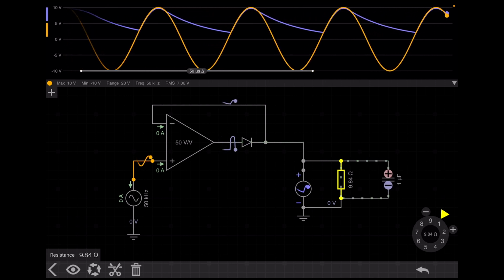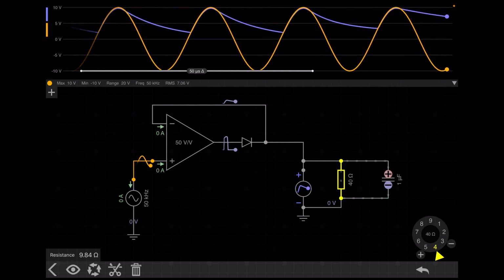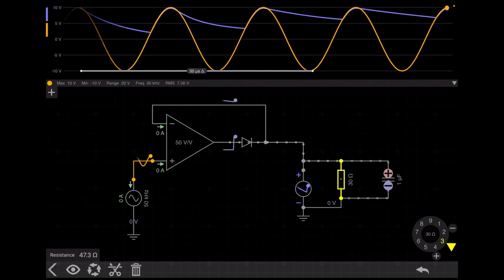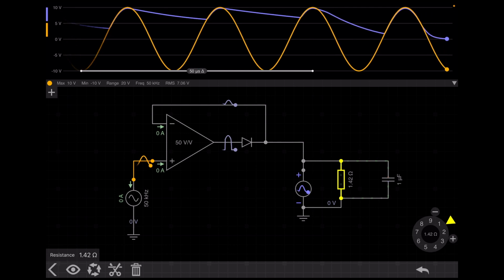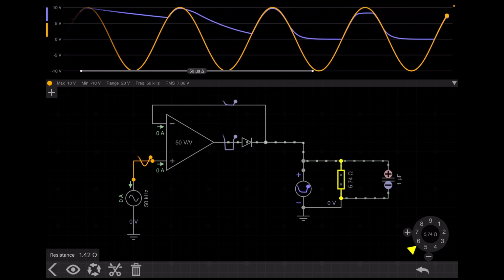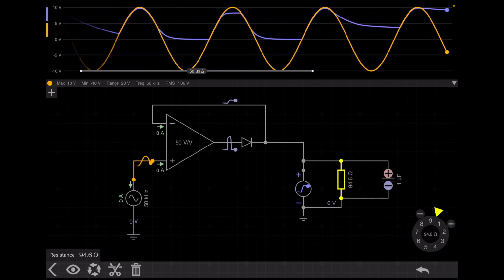If I increase it a little bit, you can see the slope is increasing, and if I decrease it, you can see the change. So the slope is completely dependent upon the resistance.